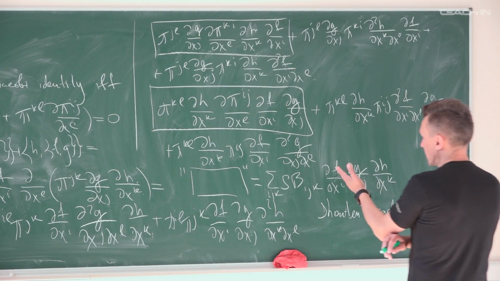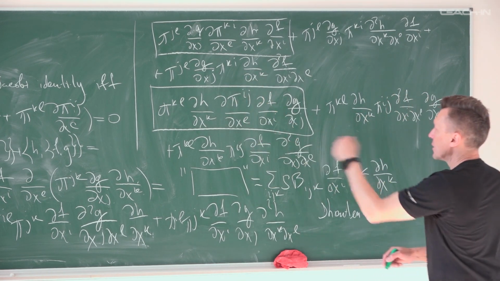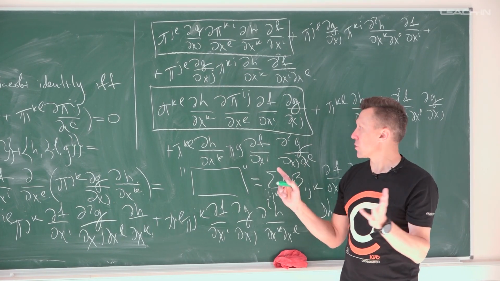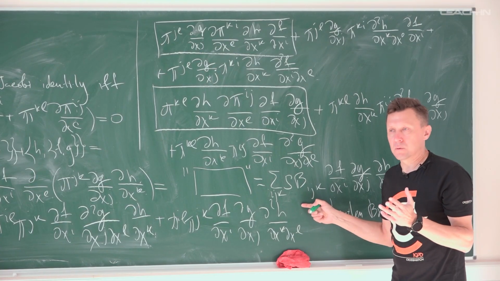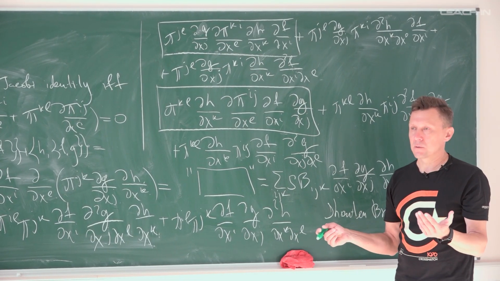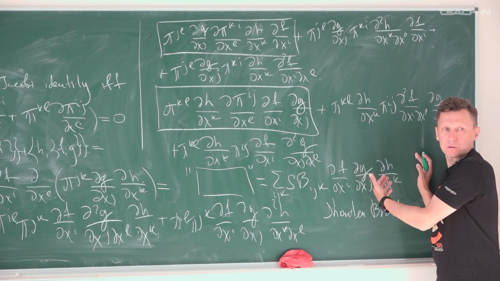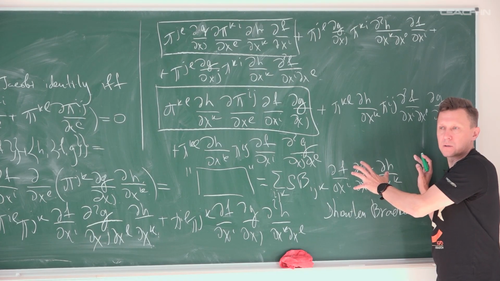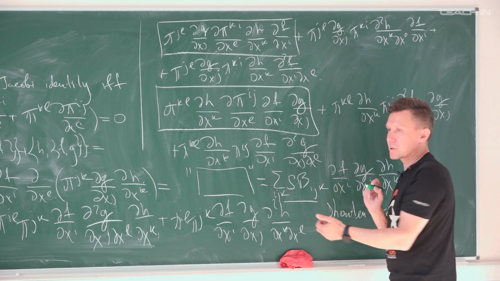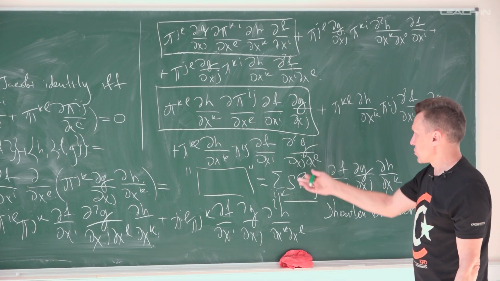I'd like to say the following thing: the sum of these parts of our expression is 0 for all values of f, g, and h if and only if these coefficients are 0. Because it should be 0 for all f, g, h. We can place here, for example, just linear functions, and we can obtain all coefficients. For all choices of linear functions, it should be 0. That's why all coefficients at all monomials like this should be 0.